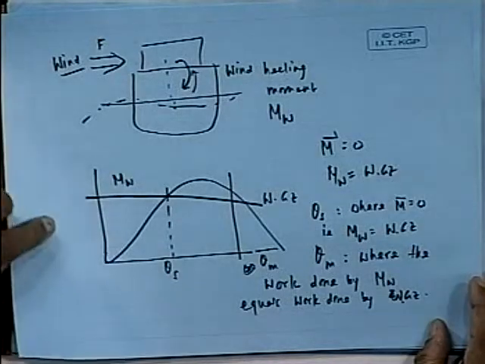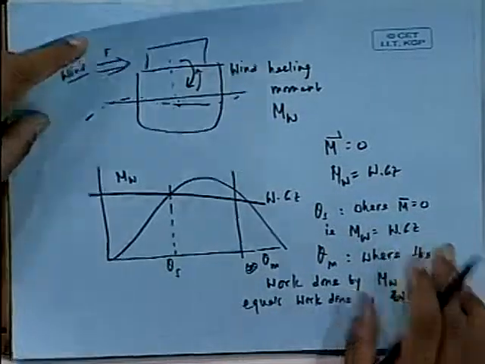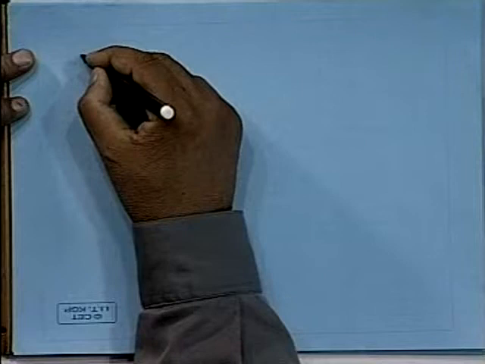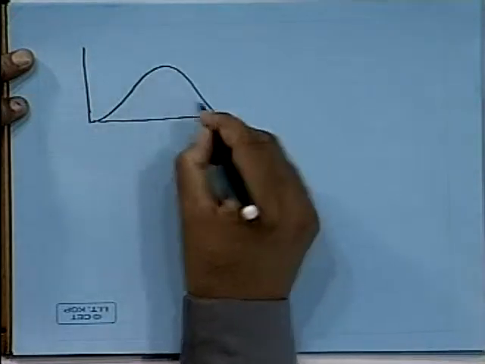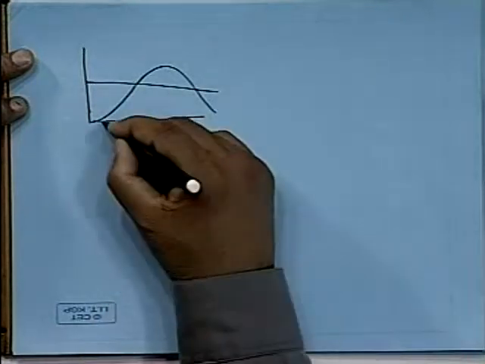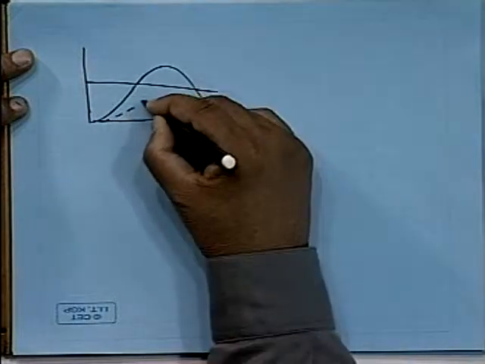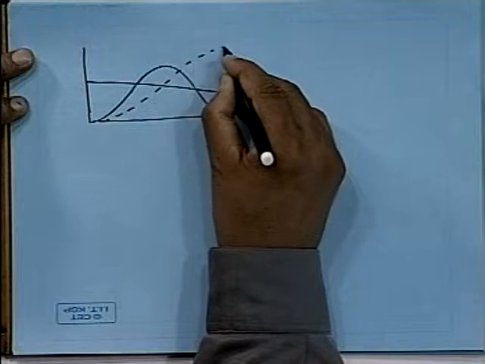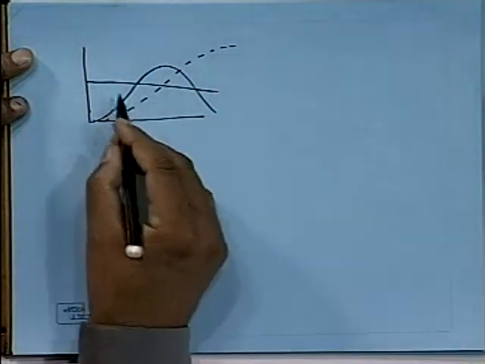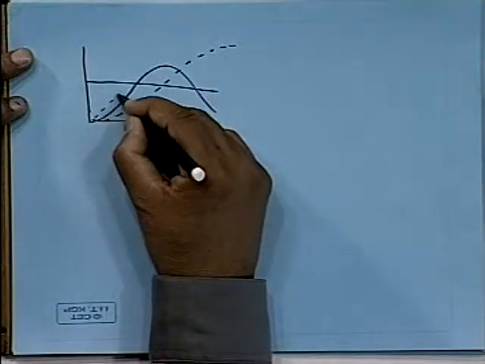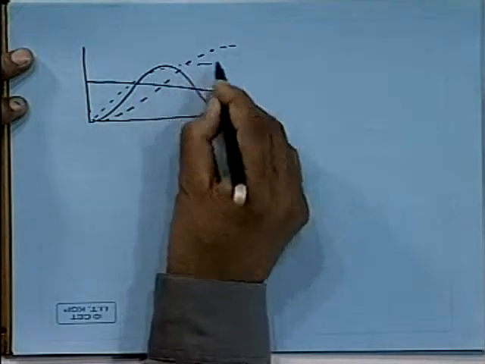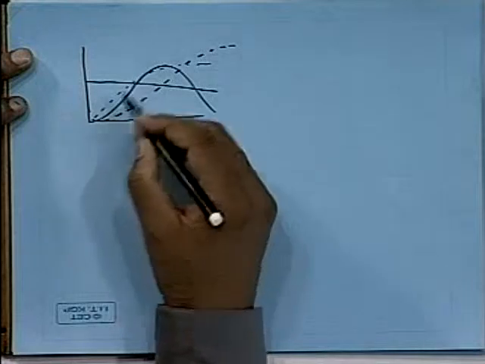Okay, so let me go to the next one, how this comes. Maybe we should draw this diagram now in a different color. I am drawing the same thing again. Now let us say by dotted line, this is the area under the curve, and the area under this curve is of course initially 0, but it increases and also maybe decreases, something like that. Let us put another curve.